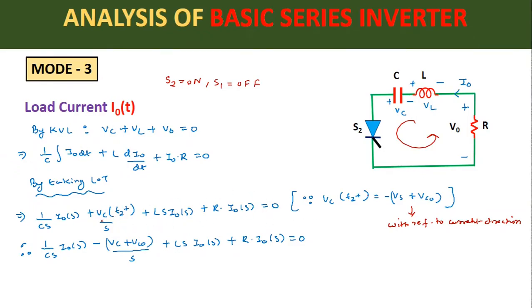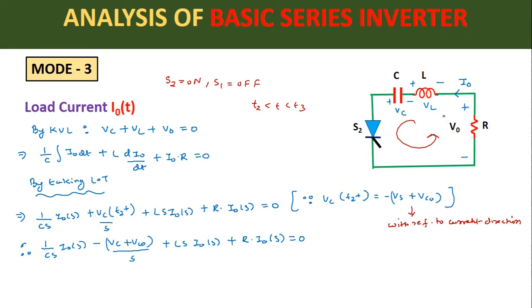Now here the initial voltage has changed, because the mode 3 operation occurs from time t is equal to t2 to t3. So at time t is equal to t2, what is the voltage across the capacitor? It will be equal to minus of (Vs plus Vco). Why are we taking a negative value here?